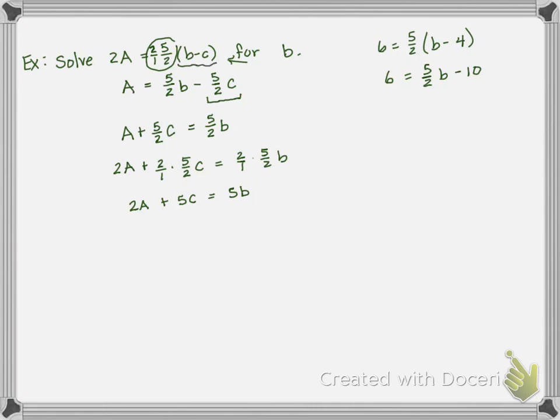It's not being added or subtracted to anything. So that whole thing is one term. So I just multiply it by 2 once. I don't distribute it. So what should I do now? Yeah, we're just going to divide both sides by 5 to isolate b.